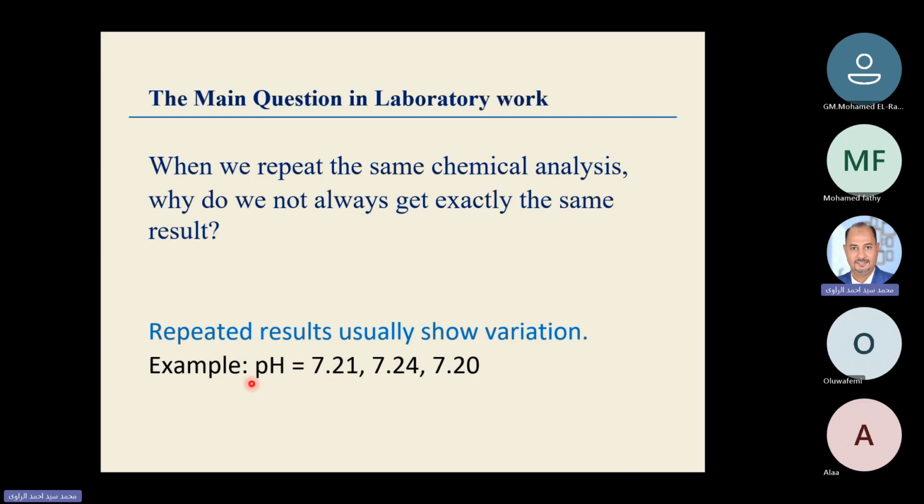As in this example, when we determine the pH of a water sample, for example, we get these results: 7.21, 7.24, 7.20. They are not identical results. Why is that?